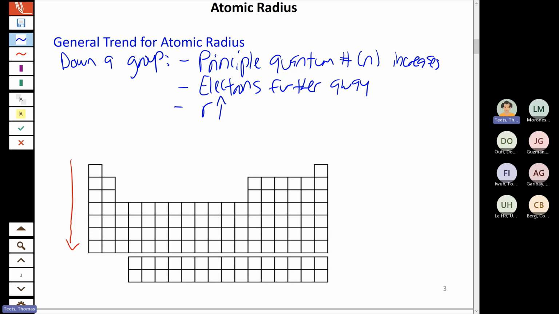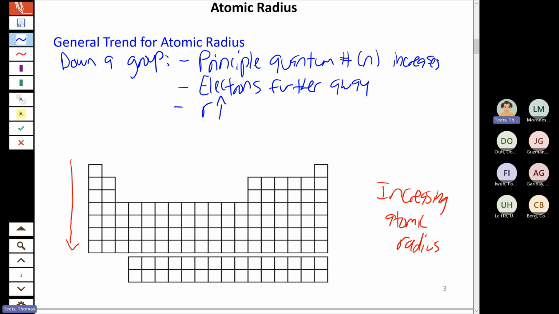So the arrows that I'm going to draw today are going to be for increasing atomic radius. All right, so that's going to be the more straightforward one.